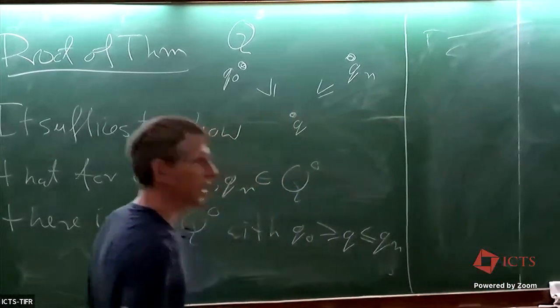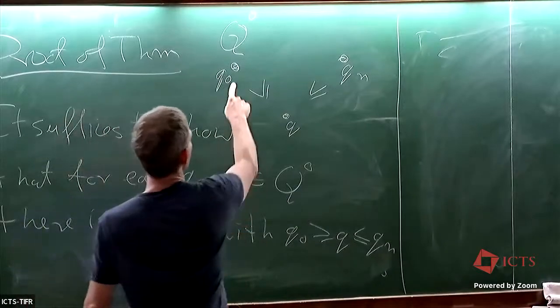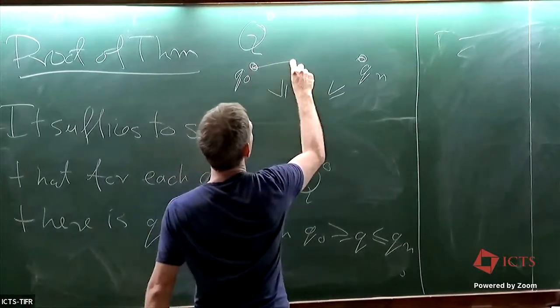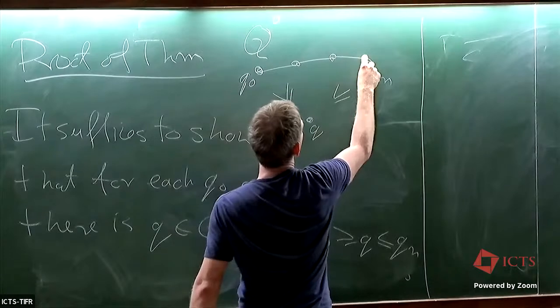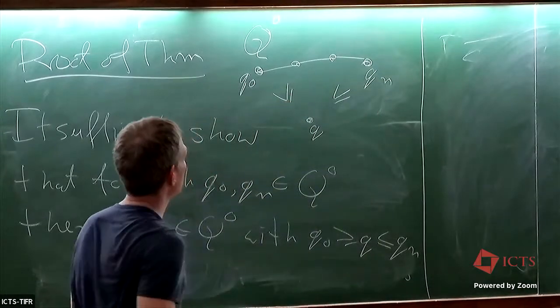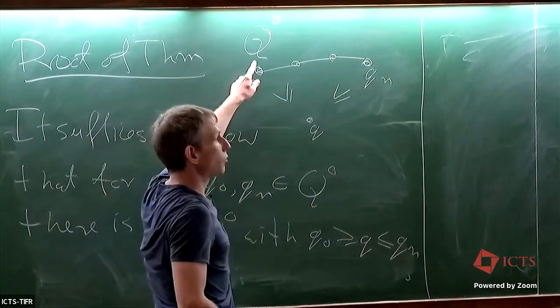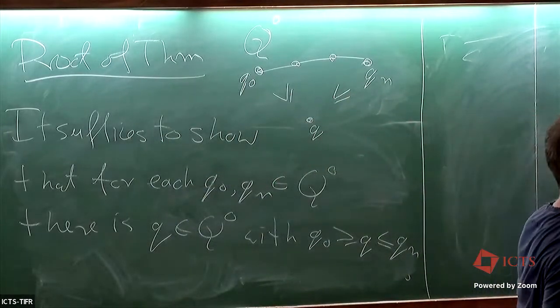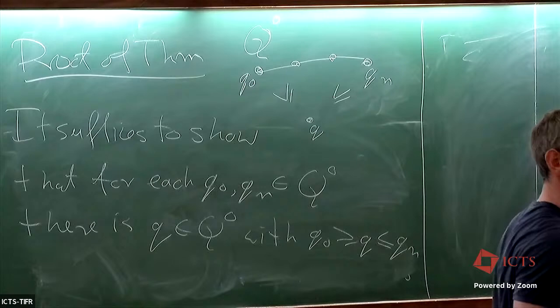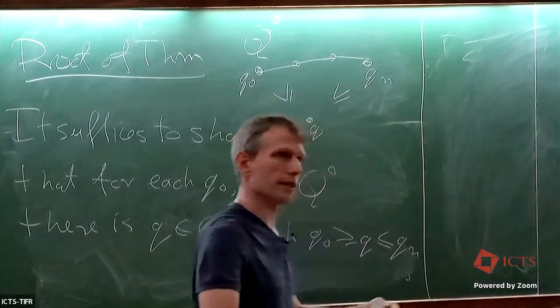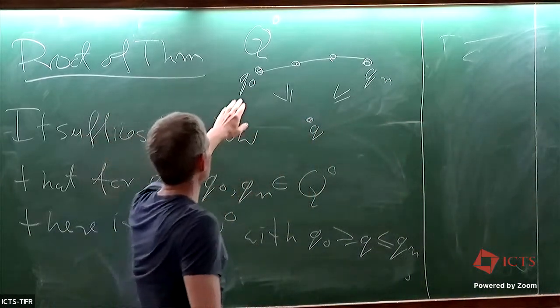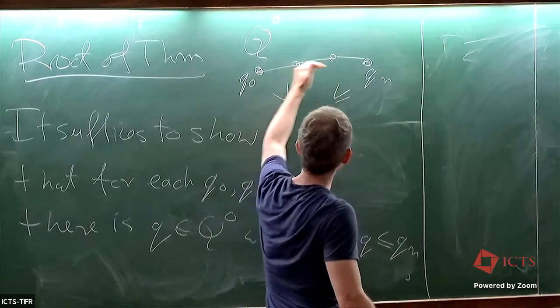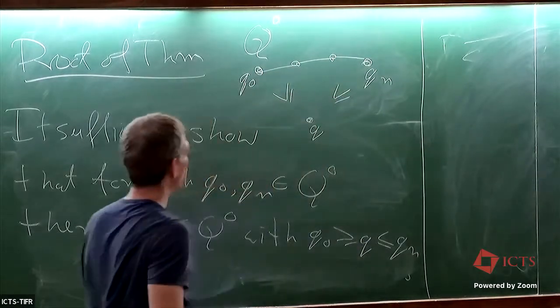Okay, so let's be naive to start with. Let's just connect these two, Q0 and Qn, by a geodesic. This geodesic will be contained in Q because we just cut our original space using walls. So the complementary components are convex in the sense that if you take a geodesic between two points of one component, they have to stay in this component.